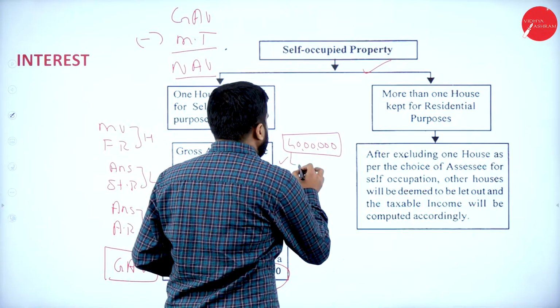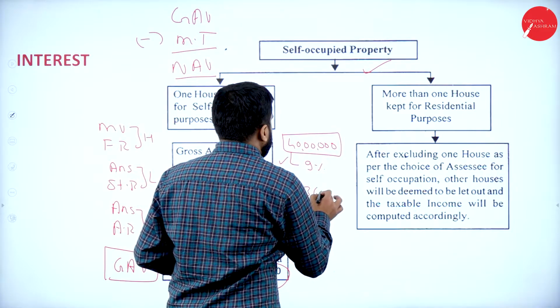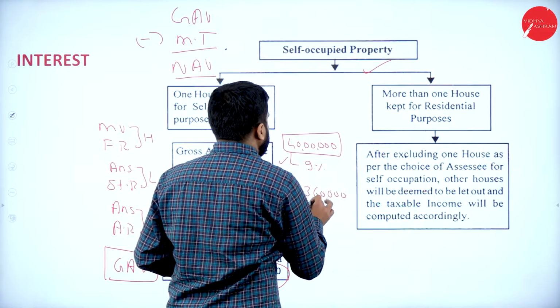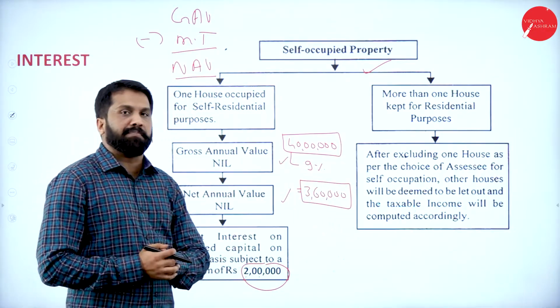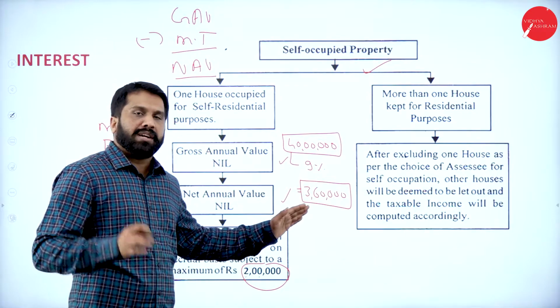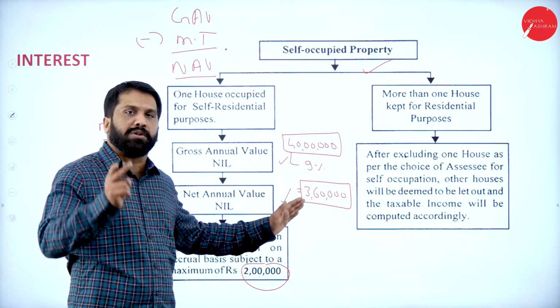On 40 lakh, if you calculate 9%, your interest portion will be 3,60,000. Hope you are clear?